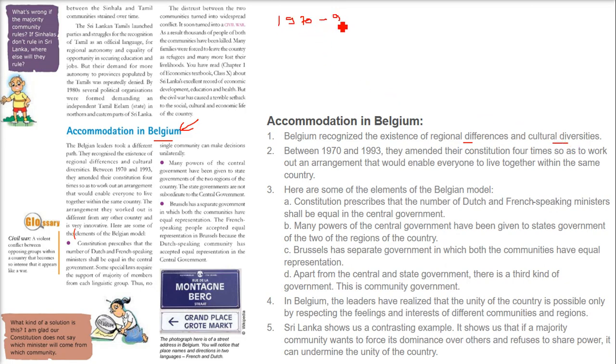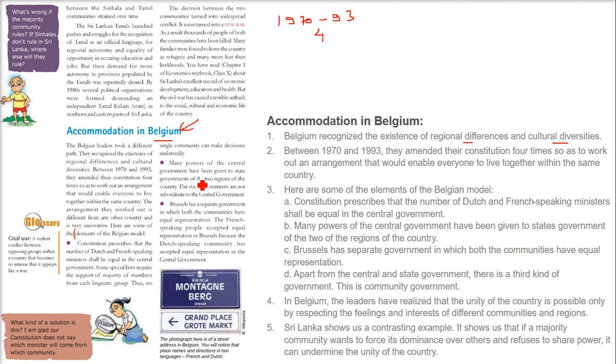So from 1970 to 1993, they amended their constitution 4 times. Why? Because they wanted everyone to live together in harmony in the same country. So what was the model of Belgium?